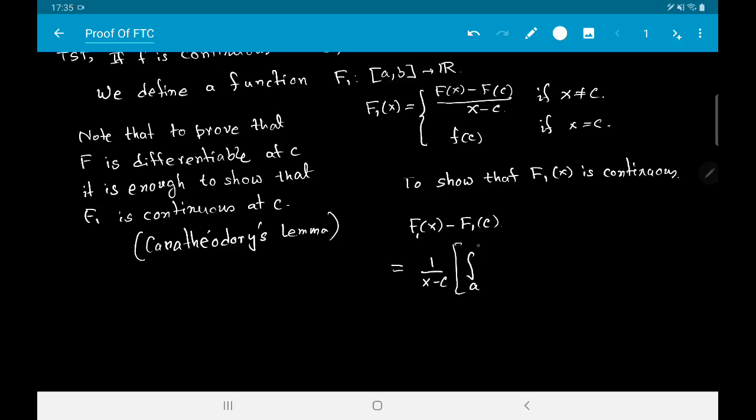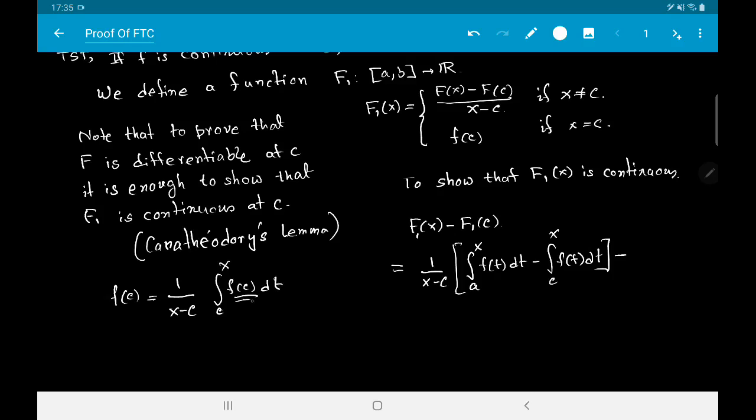The integral from a to x of f(t) dt, minus the integral from c to x of f(t) dt. And what is F1(c)? This is simply small f of c, and small f of c I can be a little bit more fancy and write it as 1 by (x minus c) times the integral from c to x of f(c) dt. So f(c) is a constant, it will come out, and this integral is going to be x minus c, so this will get cancelled and you will get f of c.